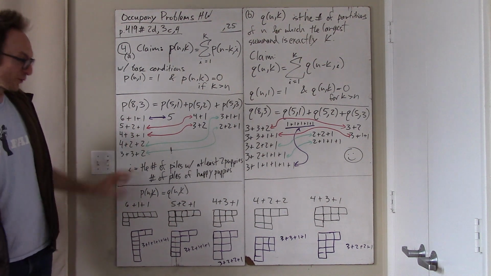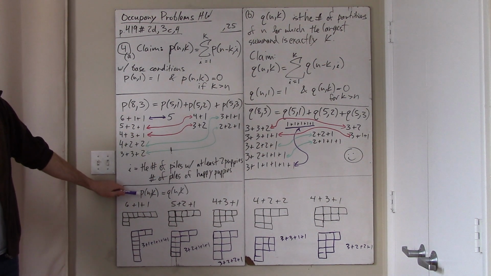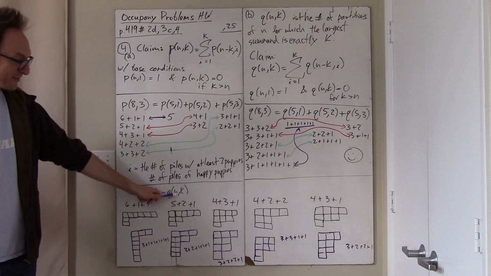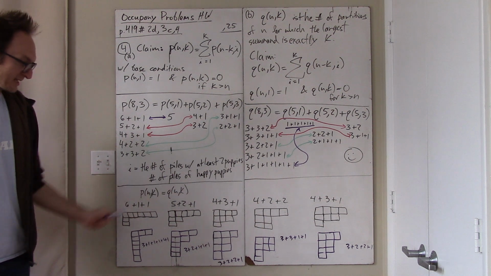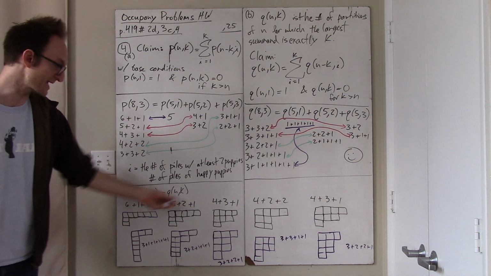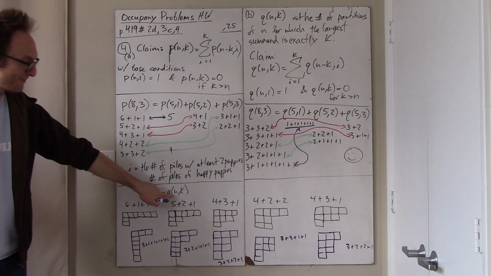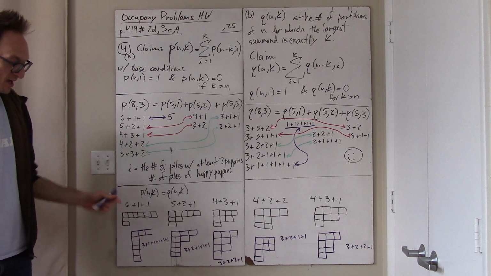So that direct one-to-one correspondence shows that they count the same thing, that there are the same number of them, because every one of these partitions matches precisely with one of these partitions, and vice versa.